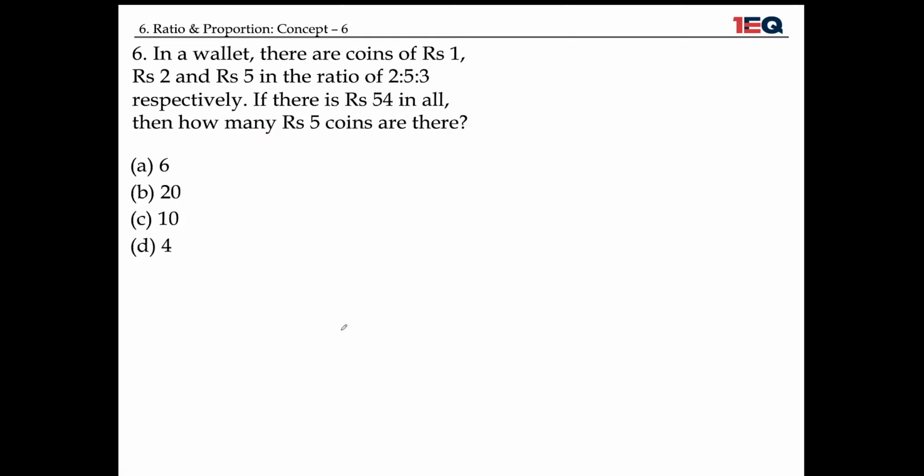Moving ahead, in a wallet, there were coins of rupees 1, 2, and 5. I'll write them down quickly. 1, 2, and 5. This is the value. Okay. And the quantity ratio has been given as 2 is to 5 is to 3.